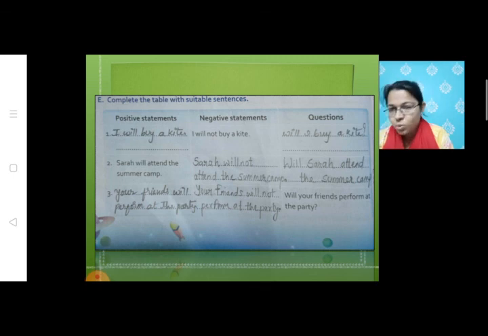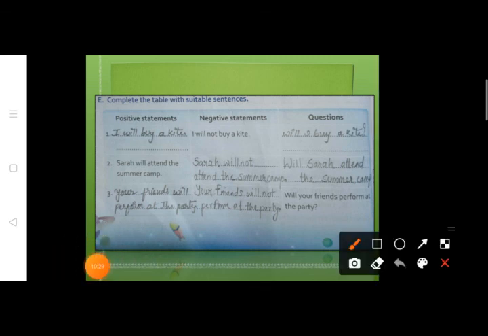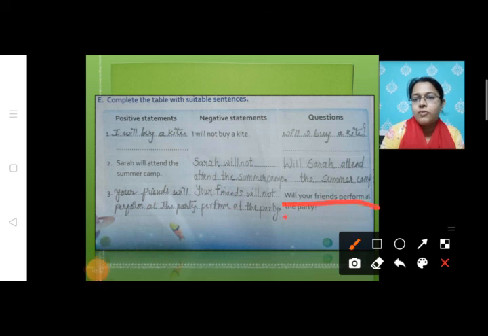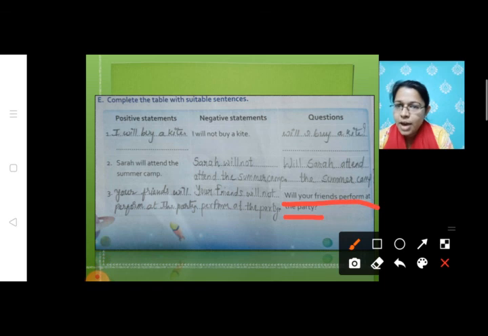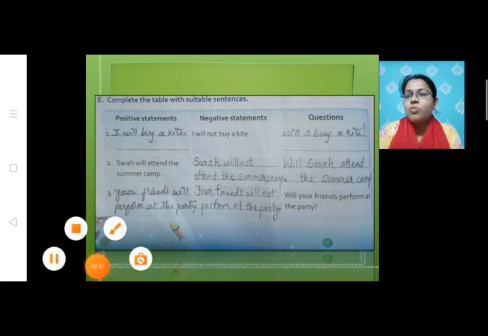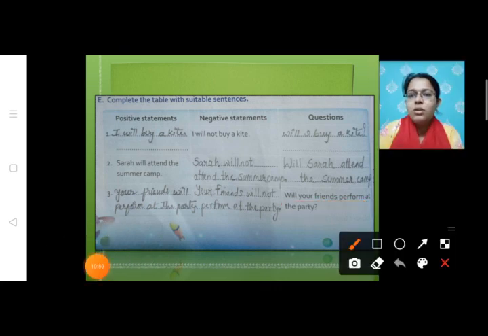Now the third one. In the third sentence, you can see that they have given the question format. Will your friends perform at the party? So this is a question. Now when you are making a positive sentence, you would be bringing the subject first. So what is the subject over here? It's your friends.